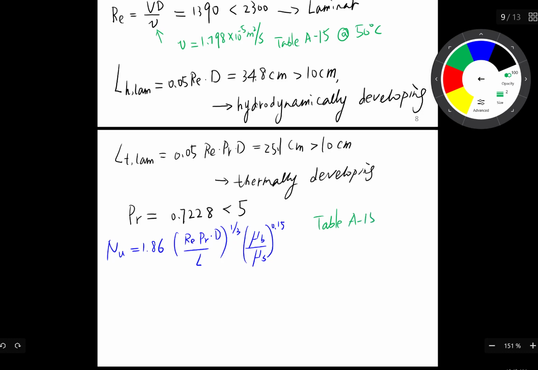From the table for air, we know mu b is evaluated at the bulk mean temperature, which is 50 degrees Celsius.